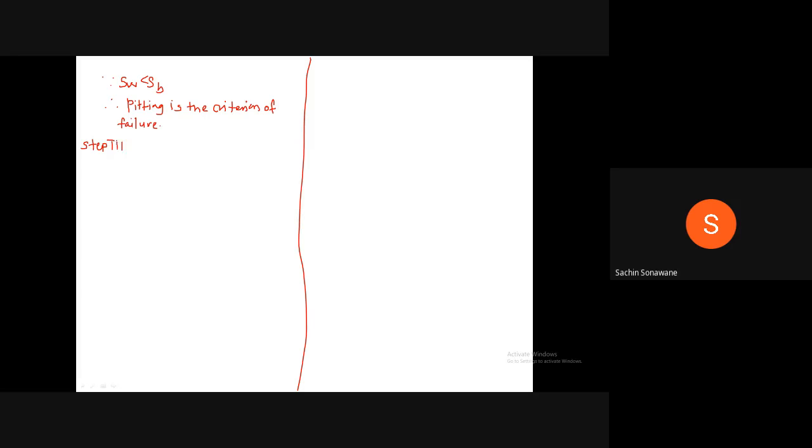Step 3, tangential force, that is PT. Now, we will determine first of all pitch line velocity V. Therefore, write down here V is equal to pi dp np upon 60 into 10 raised to 3, which is equal to pi into 88.27 into 720 divided by 60 into 10 raised to 3.